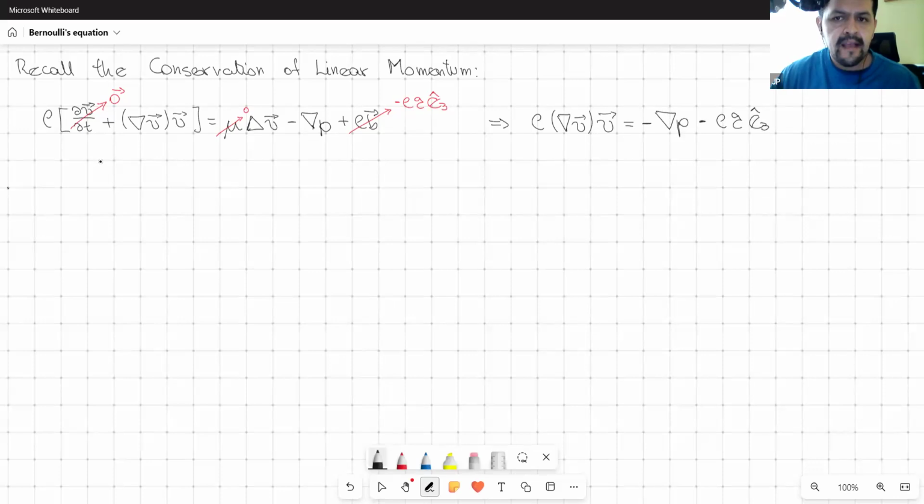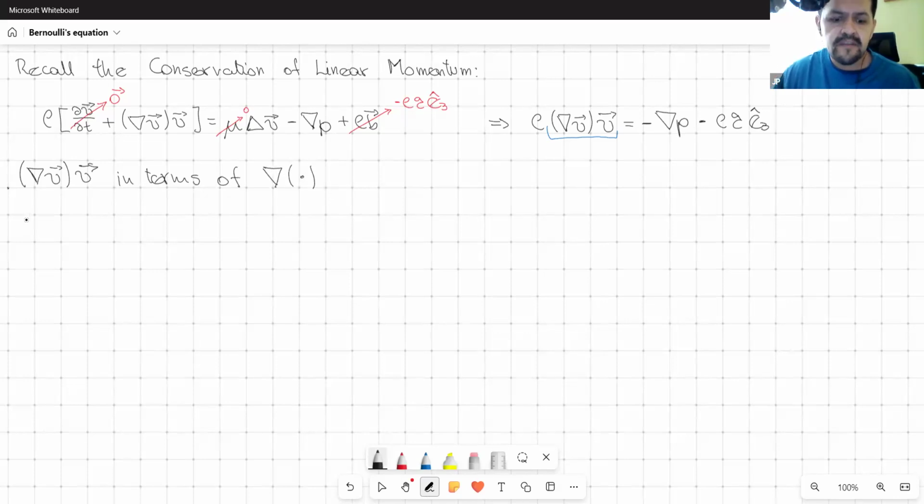Okay? So the whole key idea in this problem is how to express this in a more useful way. And we will do that using the tools that we just developed. So we will express this in terms of a potential of some sort.